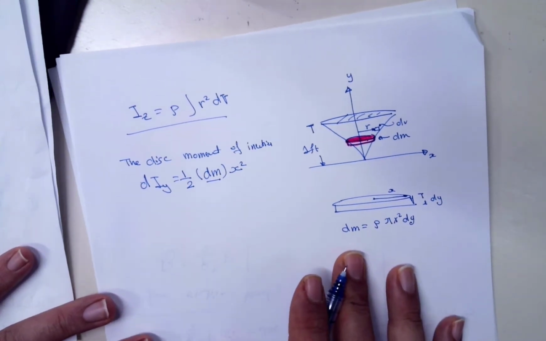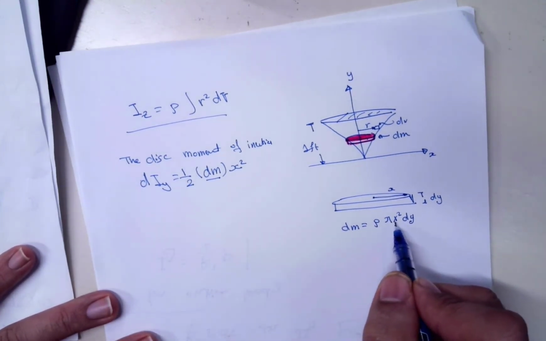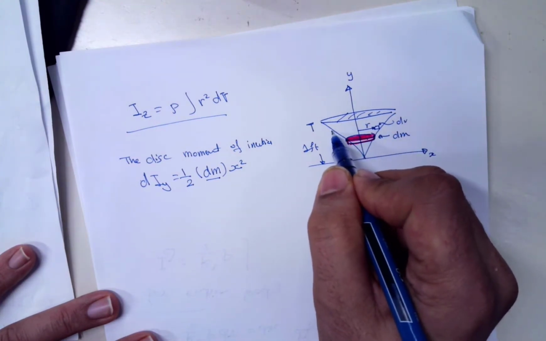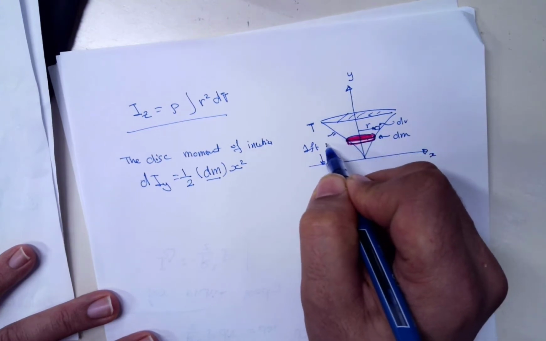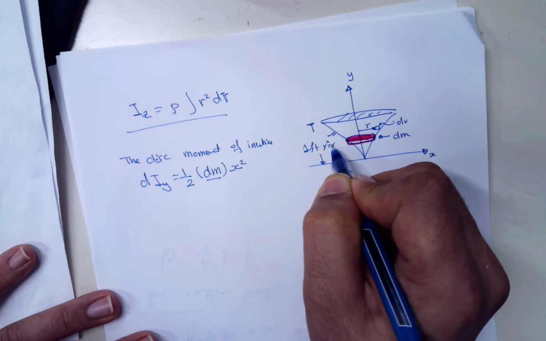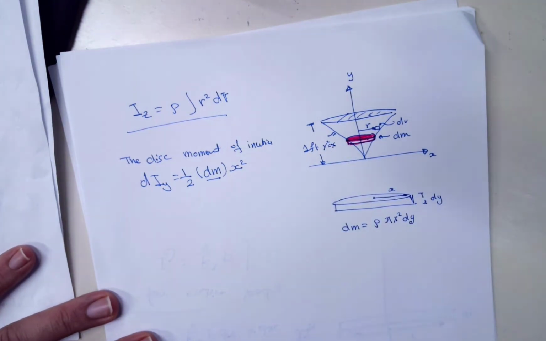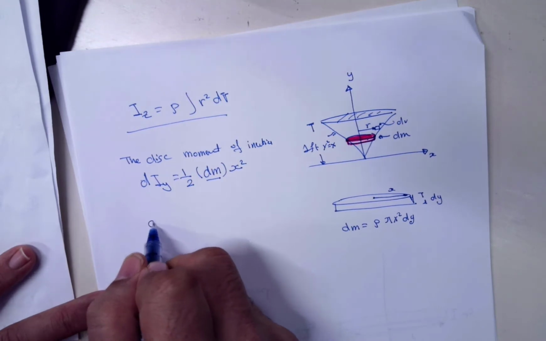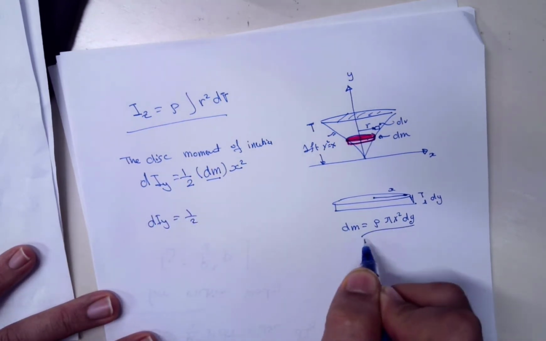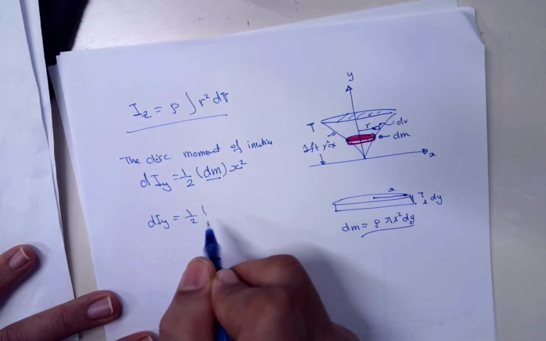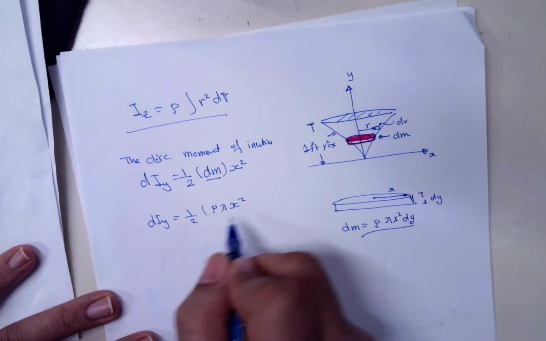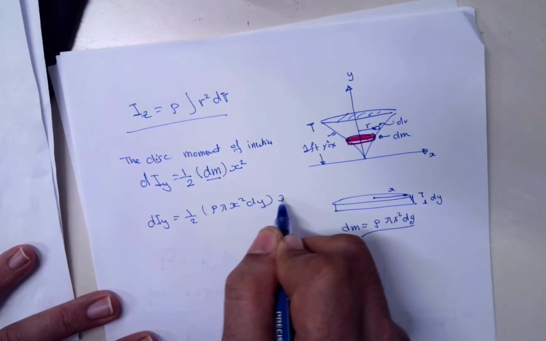Now, not to be confused, we know that x squared, now I haven't really talked about the function here. So say that this function is y squared equals x, so assume that is known. So therefore I'm just plugging this over here, dIy equals rho pi x square dy times x squared.